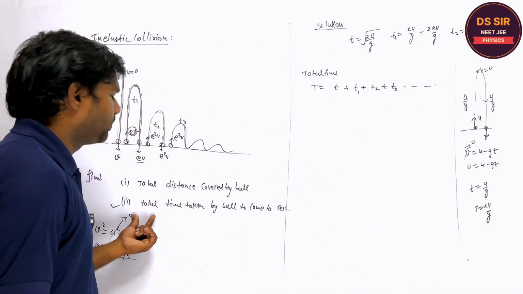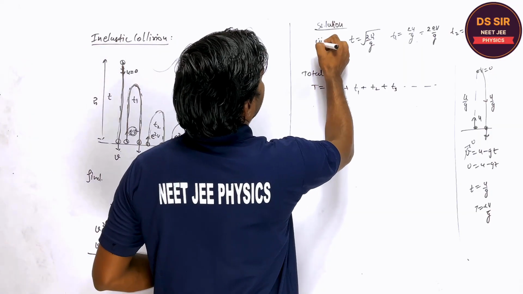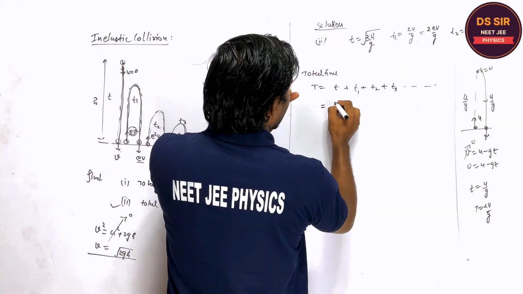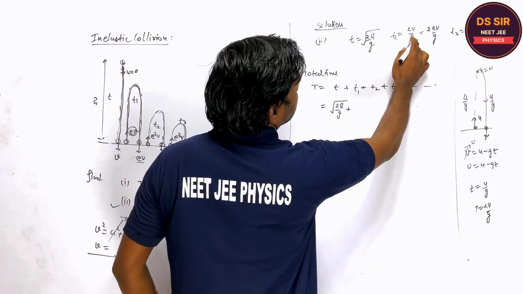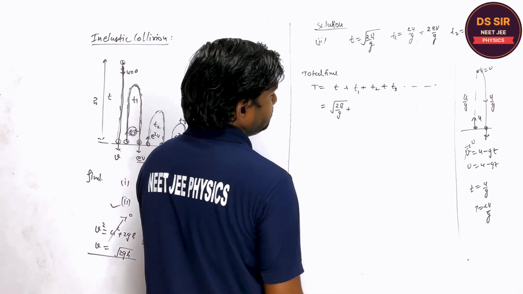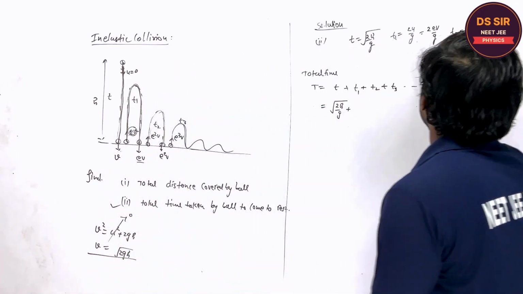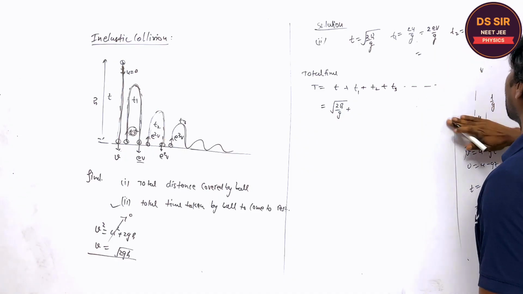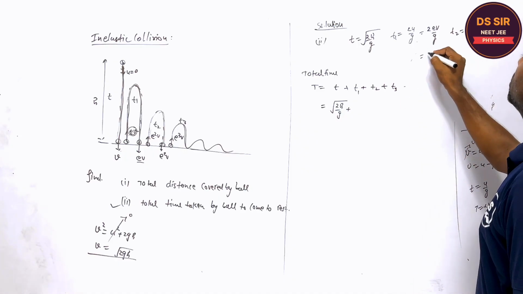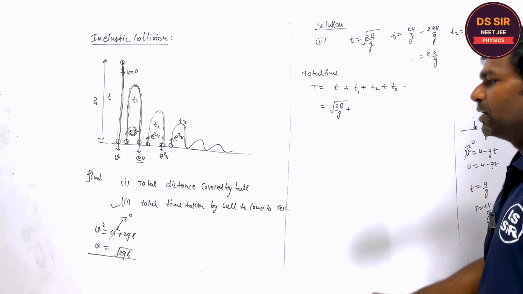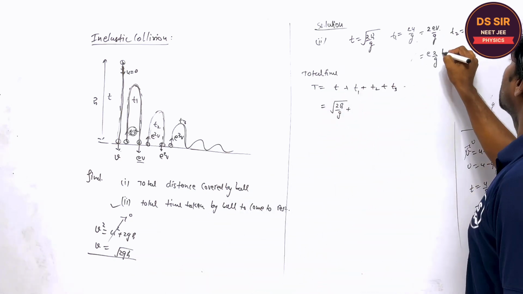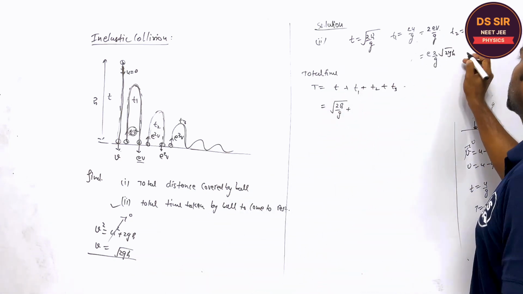I'm doing the second part, right? And the total time is root 2h upon g plus what is t1? Listen, I'm simplifying here only. The t1 is e into 2 by g into v. What is v? It is root 2gh, right?